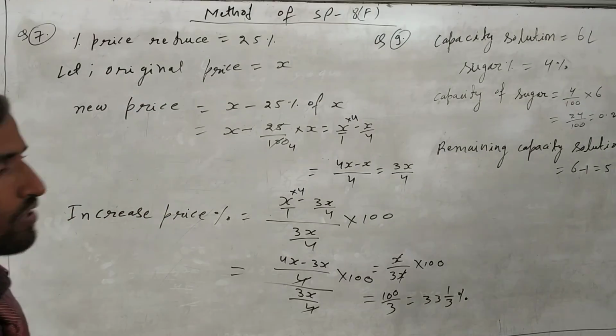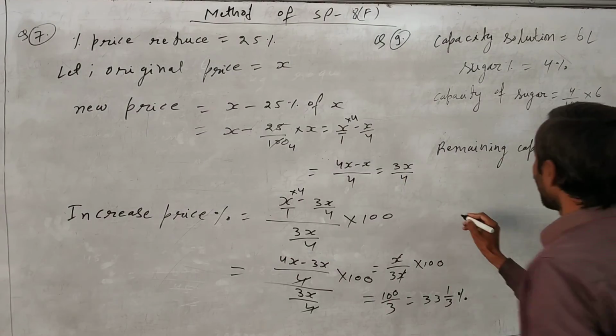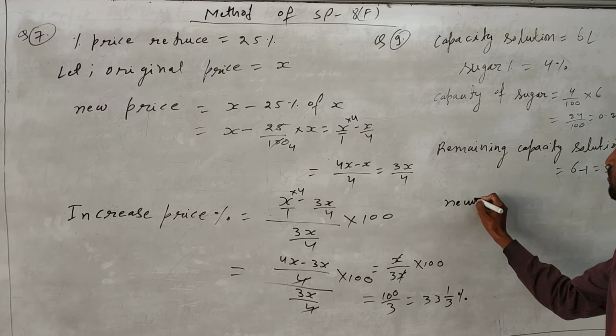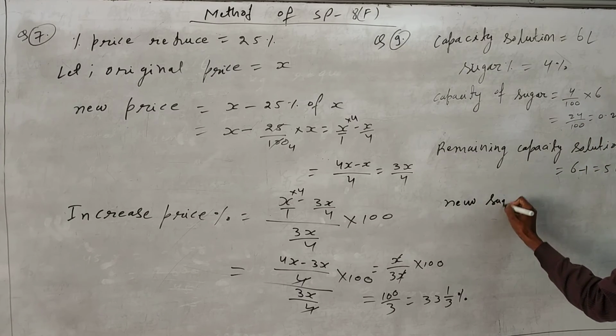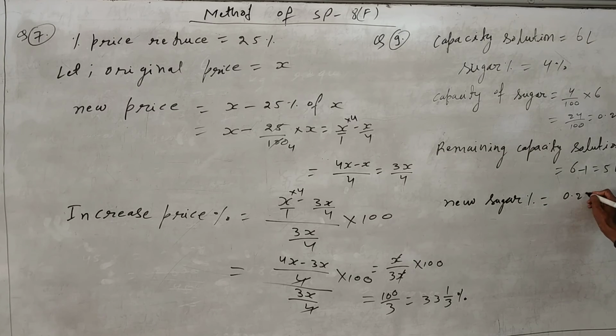Now we have to find the percentage of sugar in the remaining part. So new sugar percentage is equal to 0.24 upon 5 into 100.